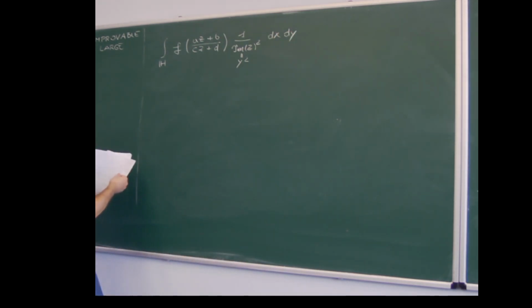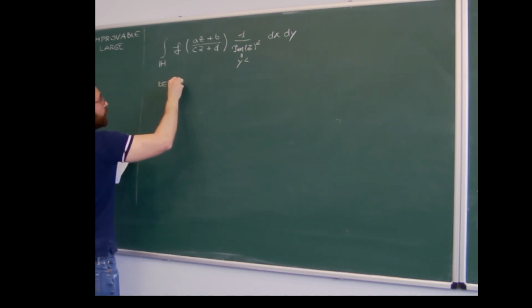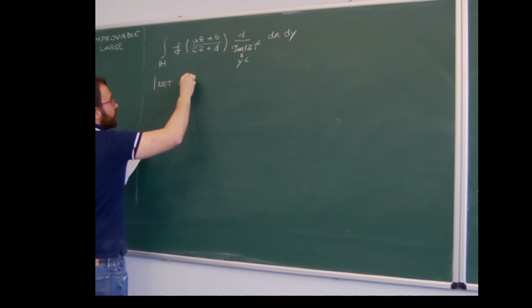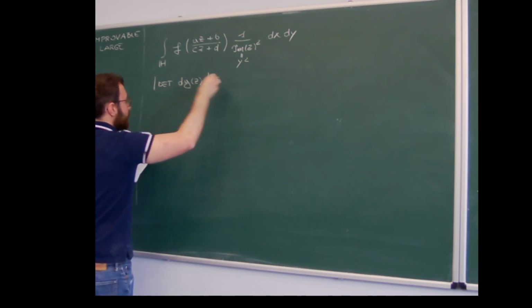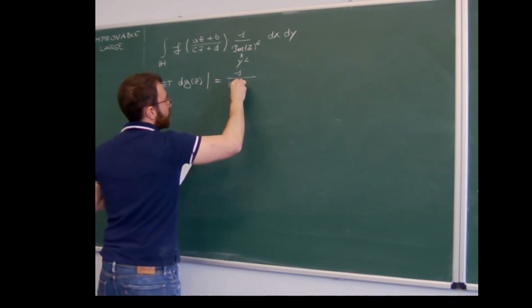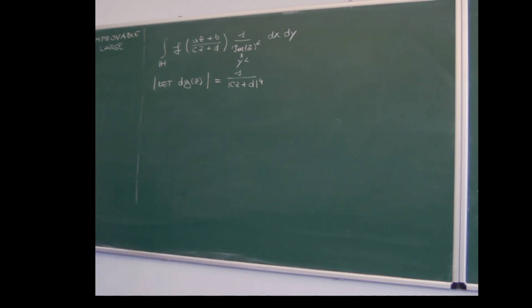And you notice that the absolute value of the determinant of the differential of g at a point z, a quick computation, is 1 over the modulus of cz+d to the power 4.